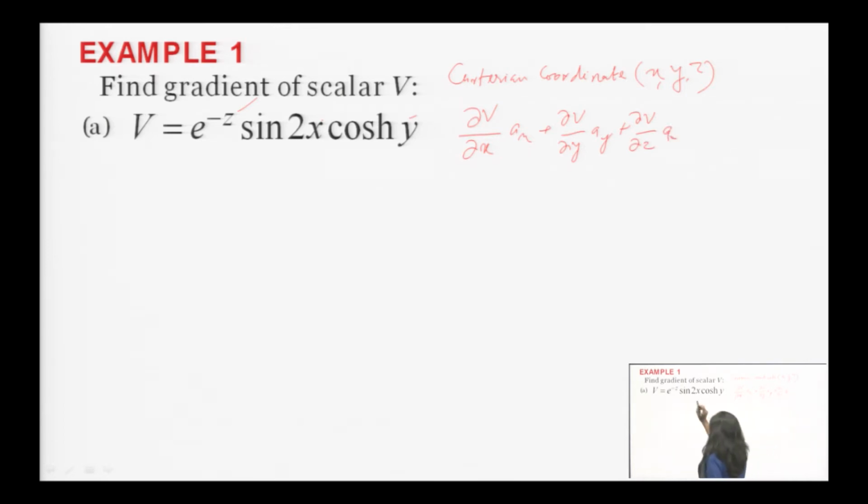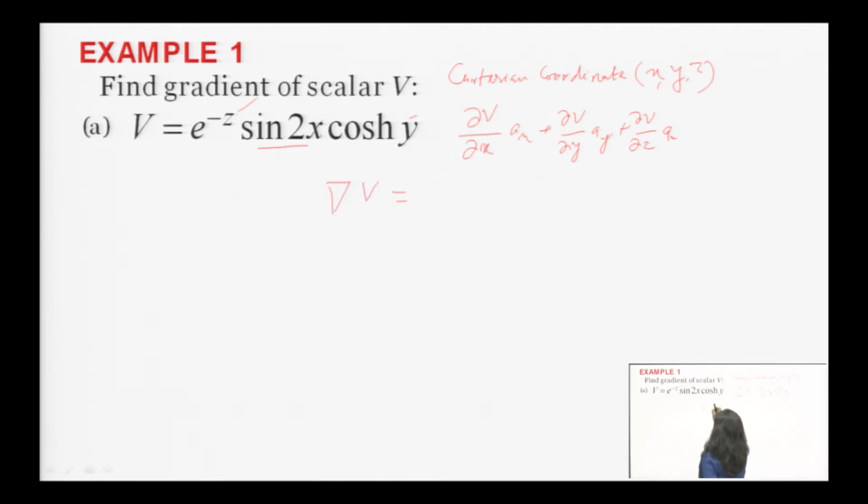Now we need to take the differentiation of V with respect to x. All other parameters except x will act as constant quantities. This term is having x, so apart from this term, e to the power minus z and cosh y both will act as constant quantities.